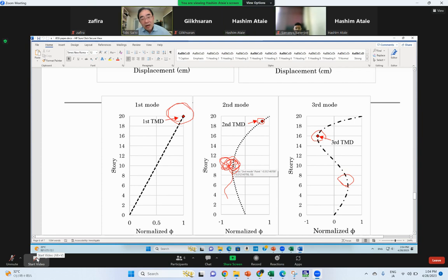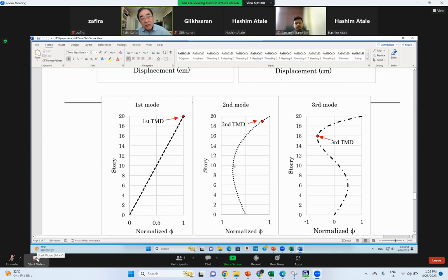I don't know. So it's also part of your research. You can propose some new methods for how to arrange the location. I think it's not too reasonable to put the TMDs so close to each other.